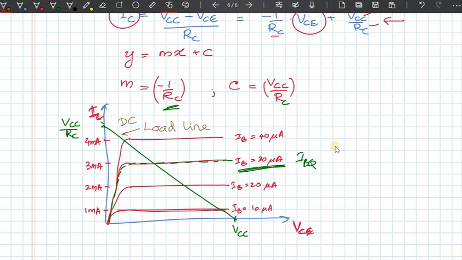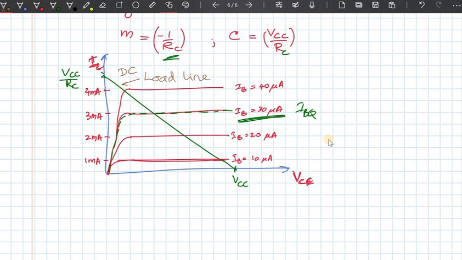So the operating point should be on the DC load line in addition to the characteristic curve. There is only one point where both these curves intersect, and that should be my Q point.